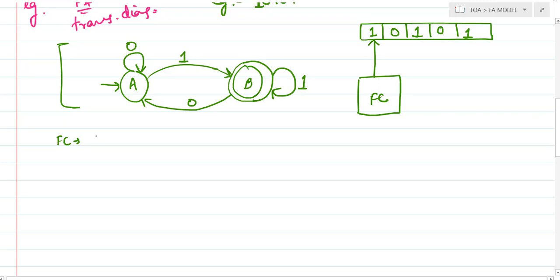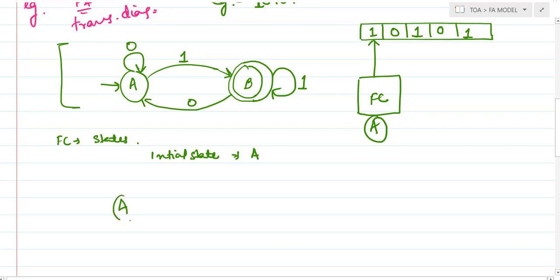As you know, the finite control contains the traces of the states. Whenever the processing starts, I already told you that the processing starts from the initial state. So here the initial state is A. So the state present in the finite control at the starting is the initial state, that is A.